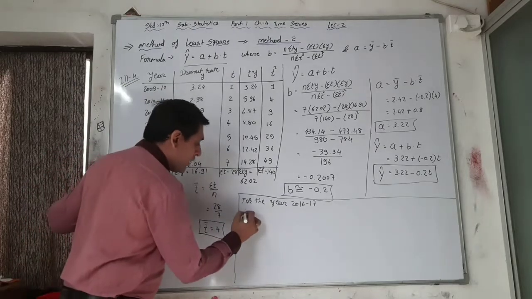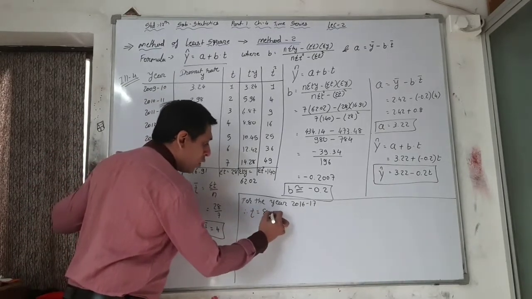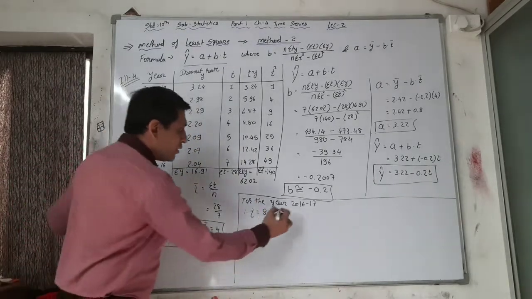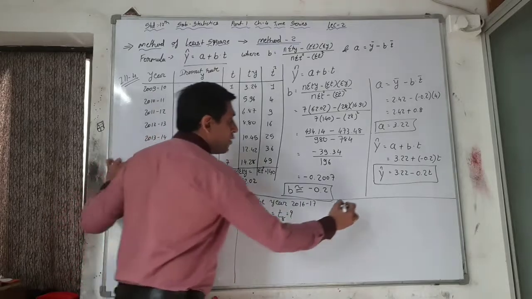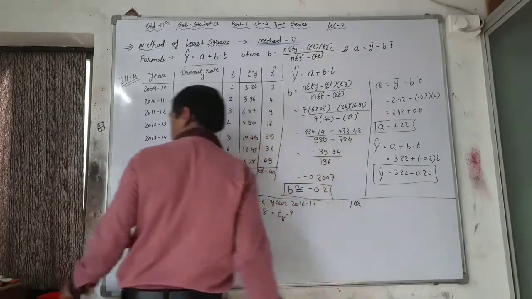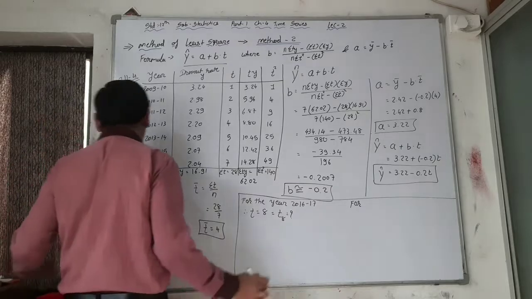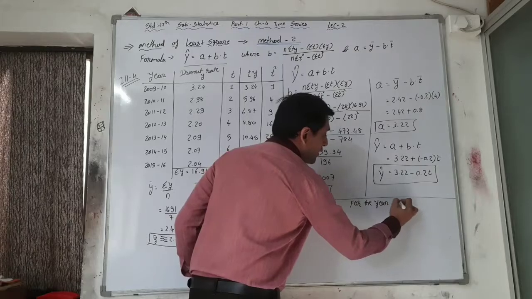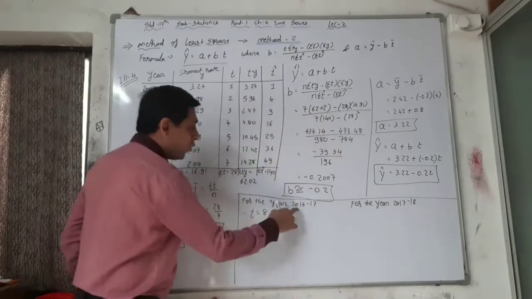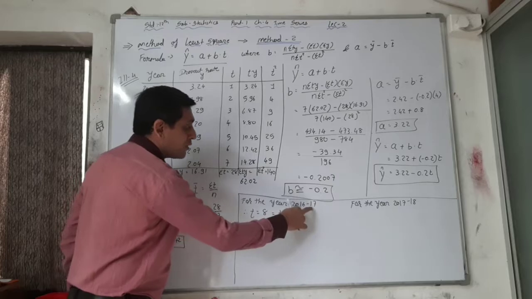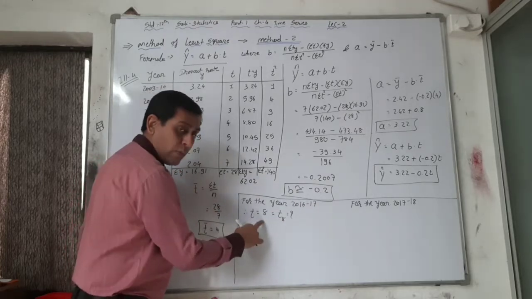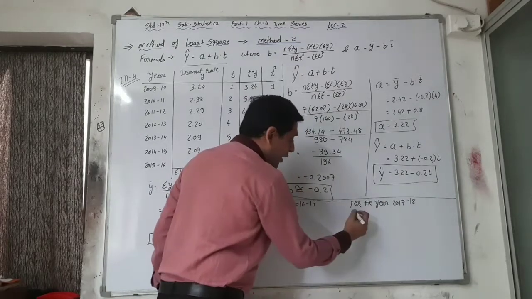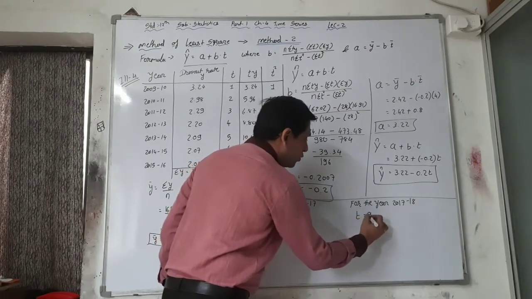So for that we are taking t is equal to 8, or you can say T8. We have to find out this T8, right? And for the next question, estimate the value for the year 2017-18. See here, what is our last year? 2016-17, for that we are taking t is equal to 8. Next year is 2017-18. For that we are taking t is equal to 9.